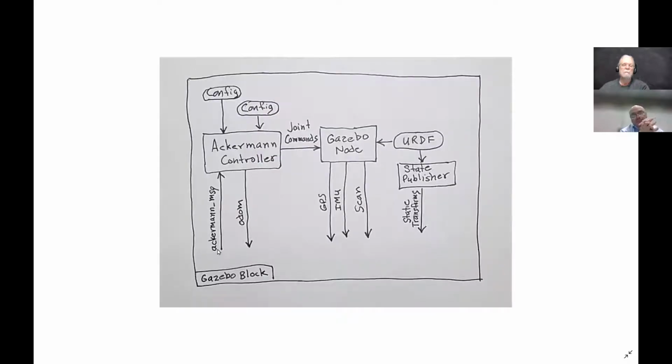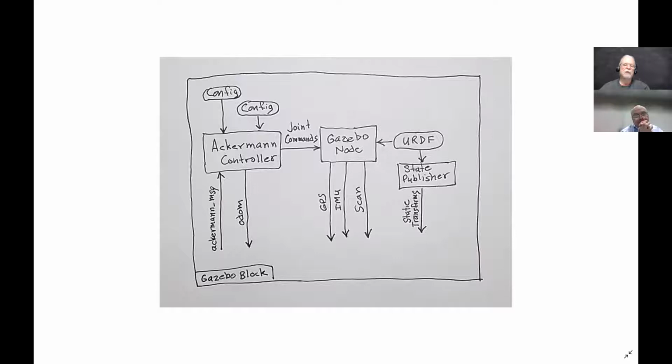So anyway, if you send an Ackerman message in that says, here's your forward velocity and here's your steering angle, it tells this thing what to do. And this has lots of code in there that takes that and defines these joint commands. It calculates the speed of all four wheels. It calculates the steering angle of the two front wheels and sends all that information into Gazebo.